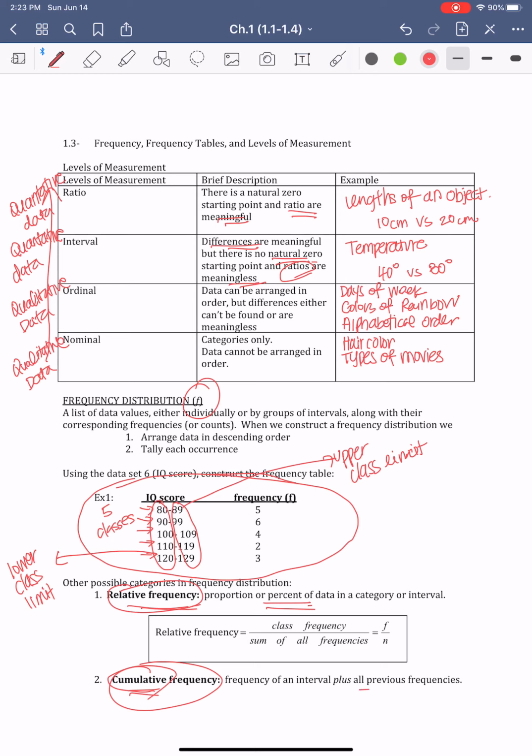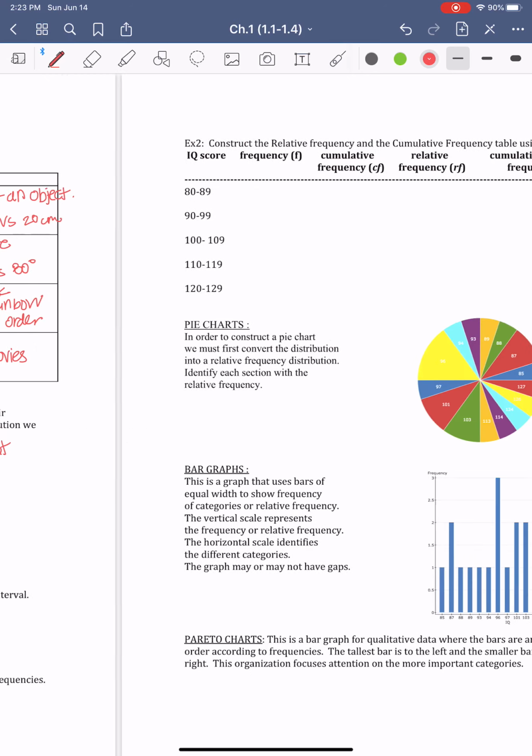So you're going to sum up all those previous frequency. There's also cumulative relative frequency. So that one, you're going to be accumulating the relative frequency value. So next example, next page, I'm going to show you how to calculate all of them.